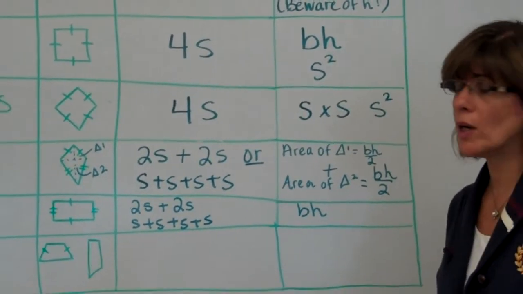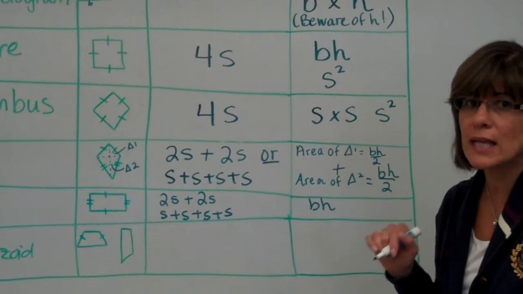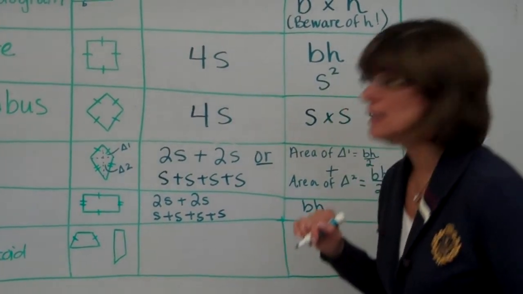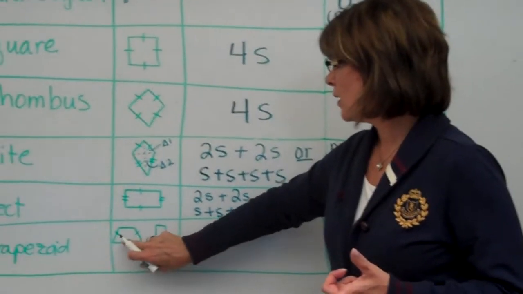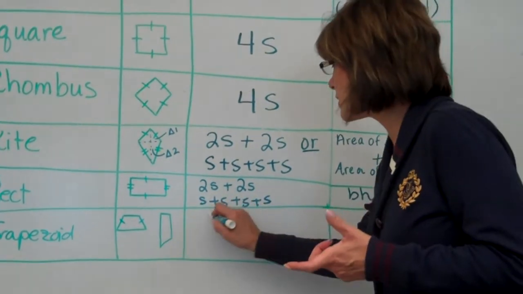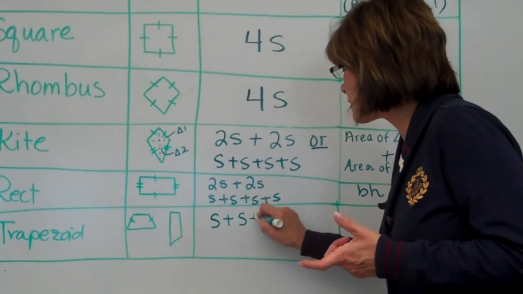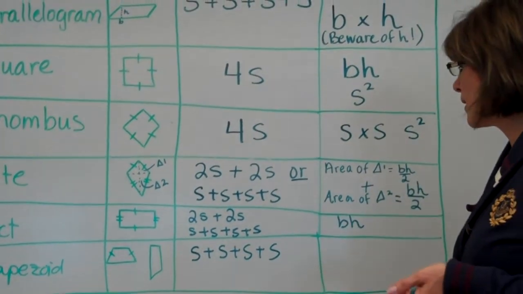Okay, the trapezoid for the perimeter, it depends on what type of trapezoid it is. So I can't tell you 2s plus 2s because if it's this kind, it will be 2s plus s plus s. So I'm really just going to say s plus s plus s plus s because it could have so many different formats.